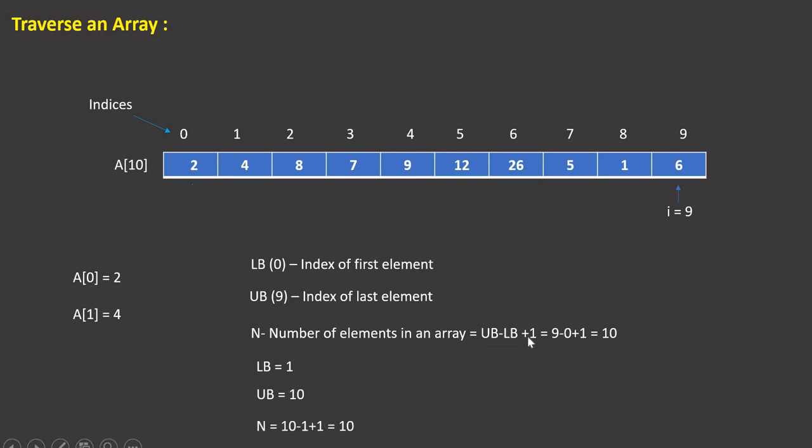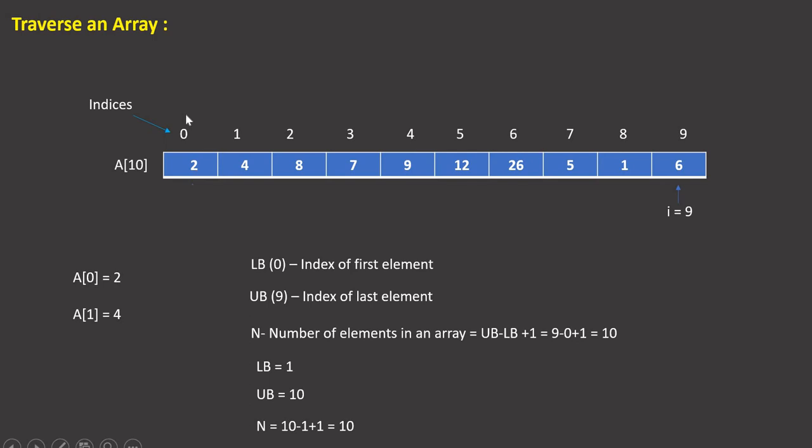So you can simply use this formula and put these values. 10 is the upper bound minus lower bound plus 1, sorry for that. Okay, so the value is still 10, right? So if you start the lower bound from 1 and upper bound is 10, the array is still the same.